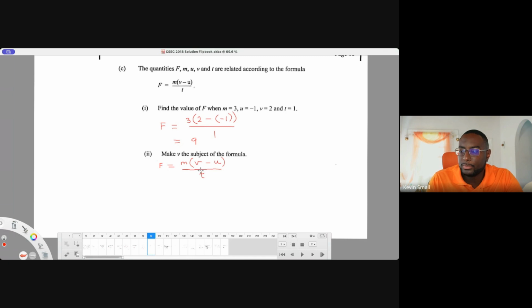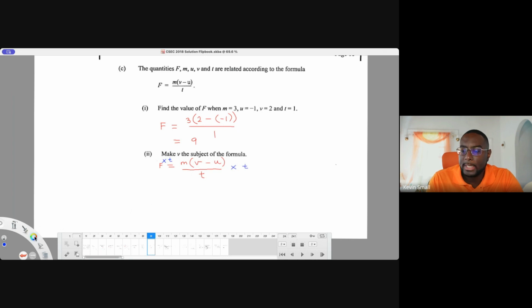So you want to get rid of the T first, then the M, and then the U. So we're going to multiply both sides by T. That's step number 1.